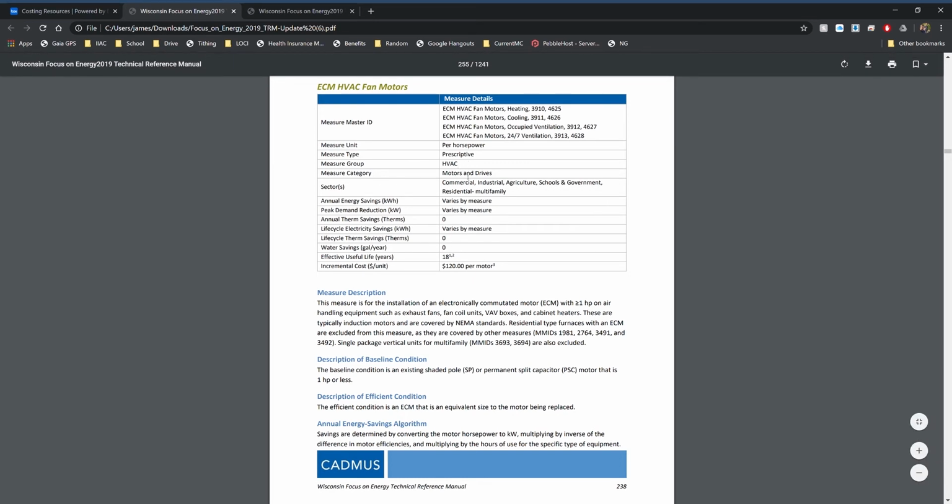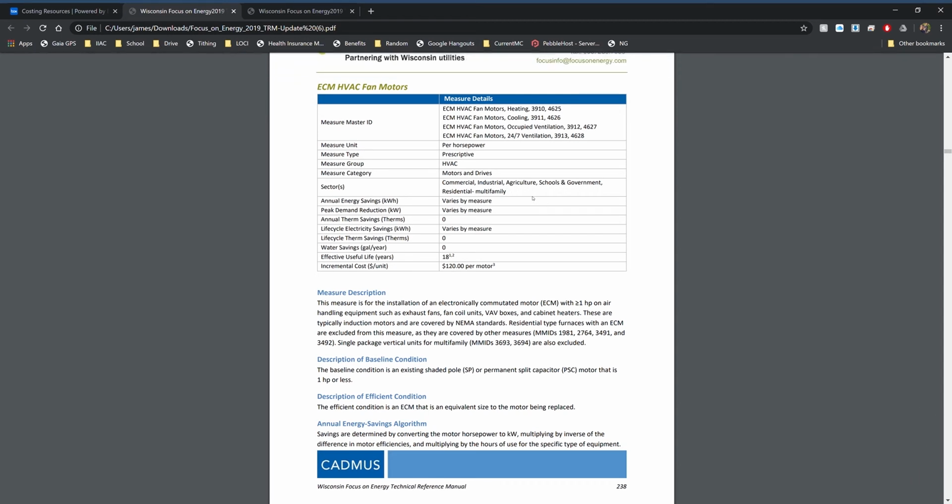Group, HVAC, category, motors and drives, sectors, these are pretty self-explanatory. Sectors, some ARs apply differently depending on which sector you're in. So let's just say you have a boiler. Well, that can be a residential boiler or an industrial boiler or a commercial boiler.